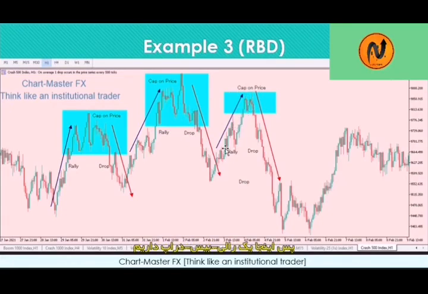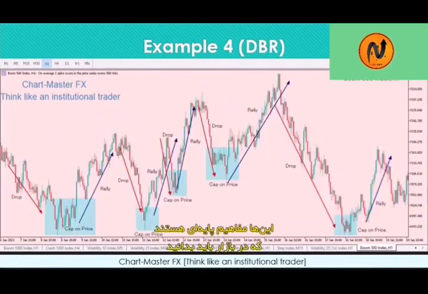So here we can see that we had a rally, base, drop. So this is example number 3. These are just the basics, guys, that you need to understand in the market. Okay, so let's go to example number 4.